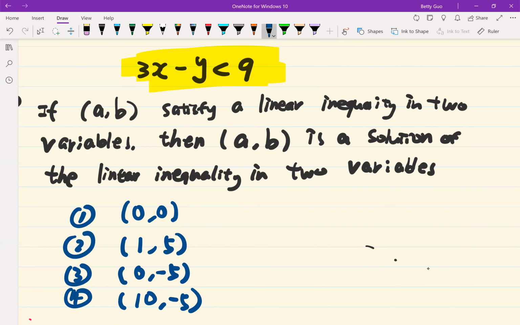I just randomly wrote some ordered number pairs. Okay, you guys do that. Number 1, how do we determine if (0, 0) is a solution of the linear inequality in two variables? By the definition, if (0, 0) satisfies the inequality, it is a solution. Otherwise, if it does not satisfy the inequality, it's not a solution, right? How do we know?